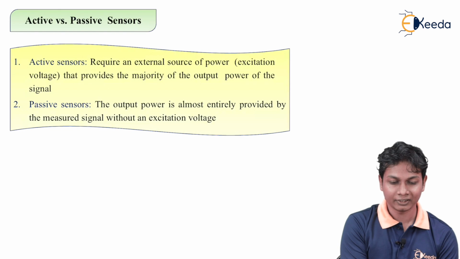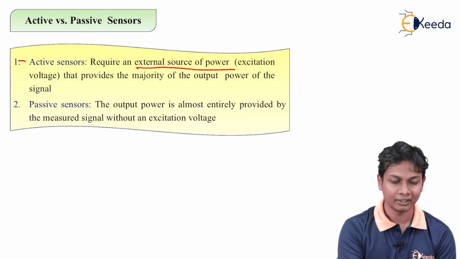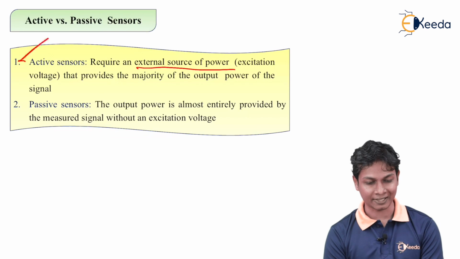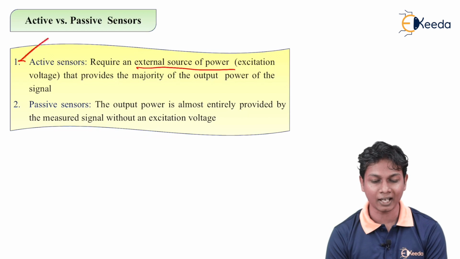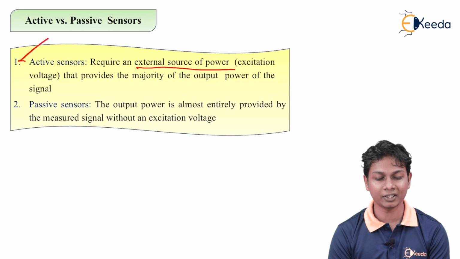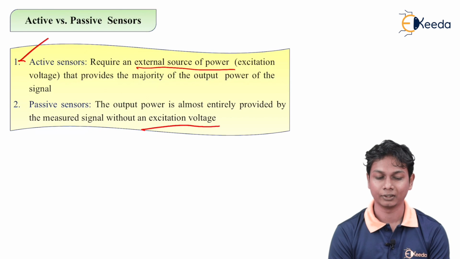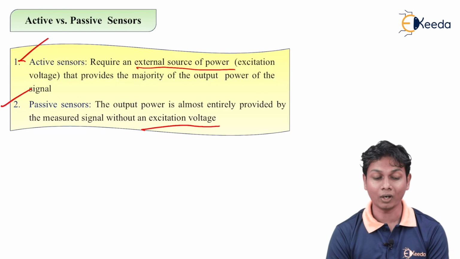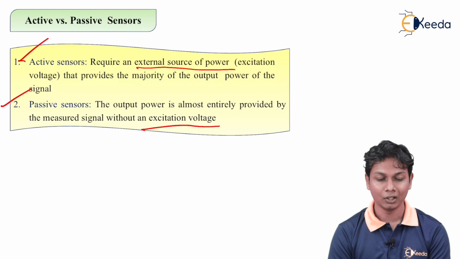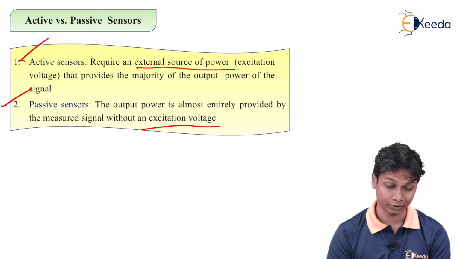That means it requires an external source of power, that's why it is an active sensor. In the passive sensor, the output power is almost entirely provided by the measured signal without excitation voltage. That is the important thing, hence it is a passive sensor. It is called passive because it works without an excitation voltage.